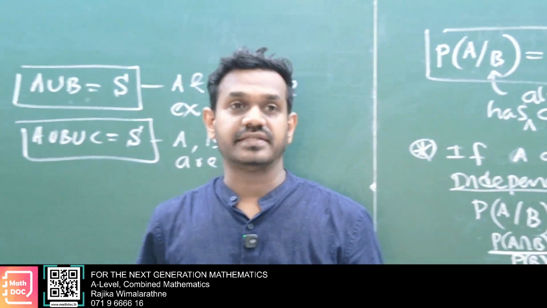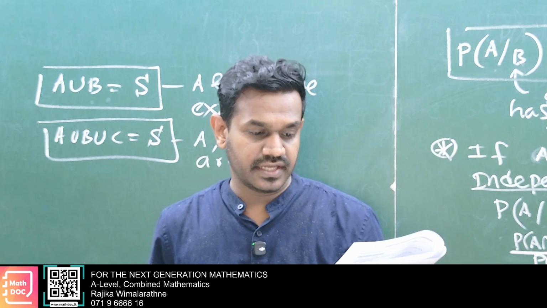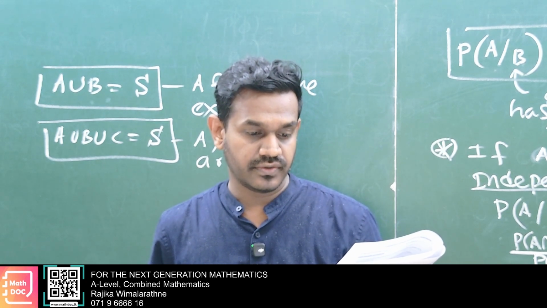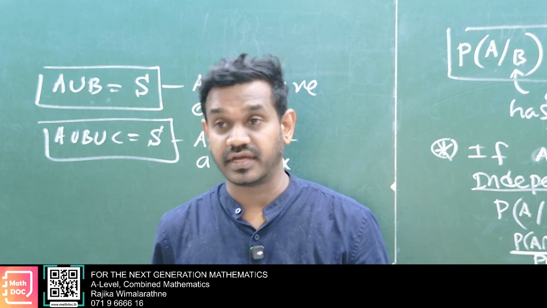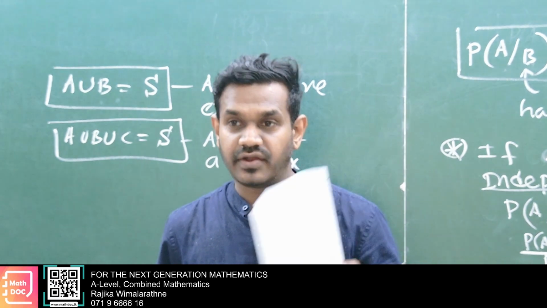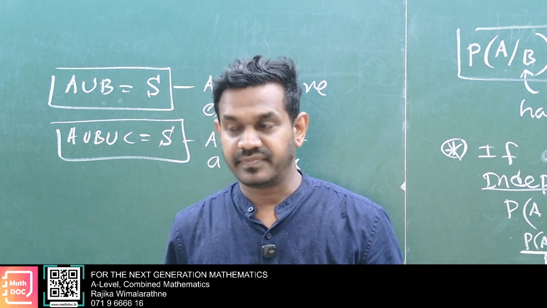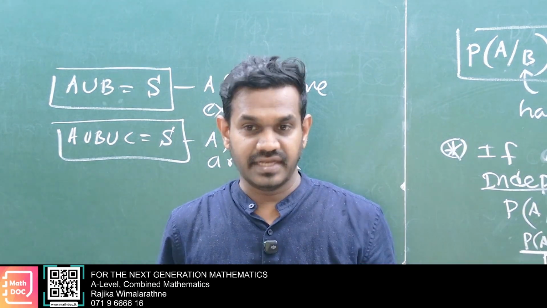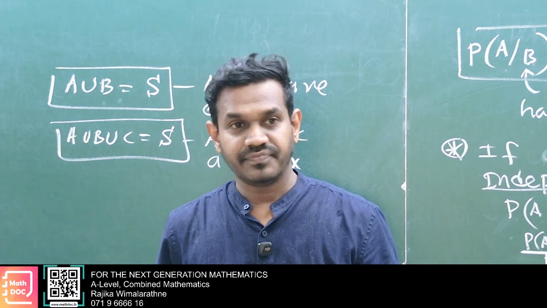Then independent events. Two events are called independent if the occurrence of one does not affect the probability of the other occurring. So A is independent of B, A dash is independent of B, A is independent of B dash, A dash is independent of B dash.